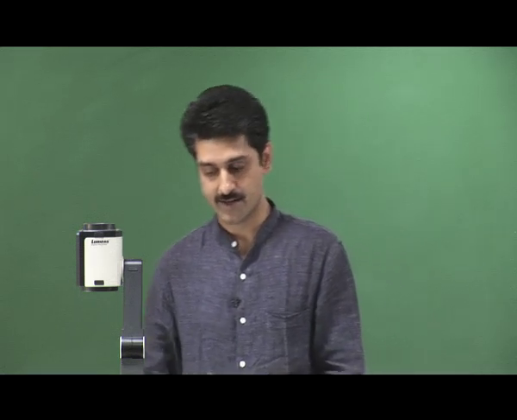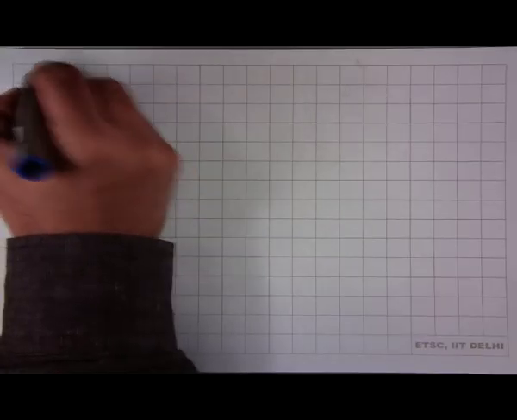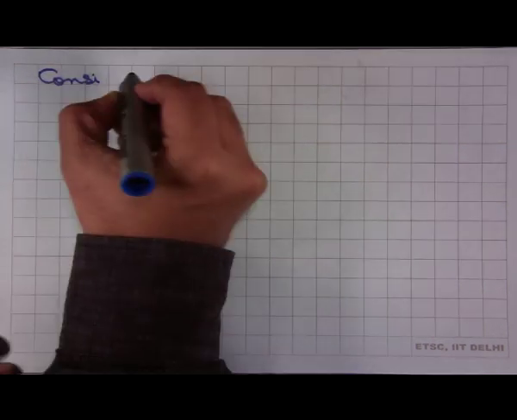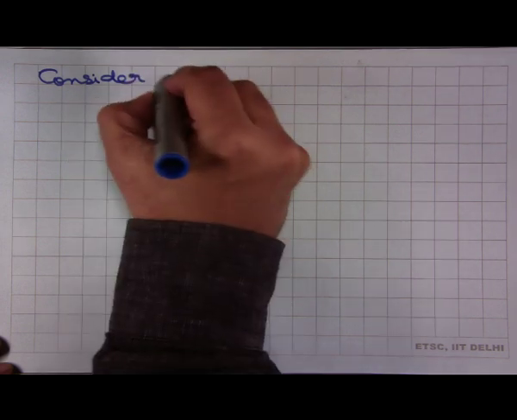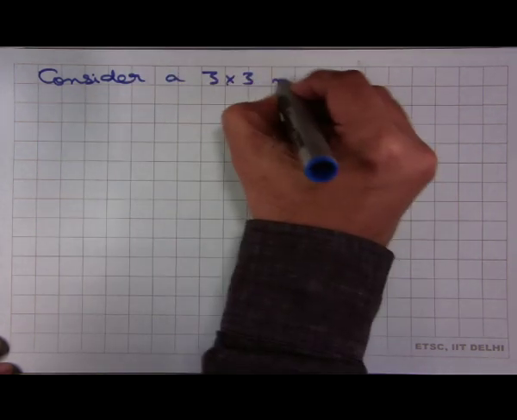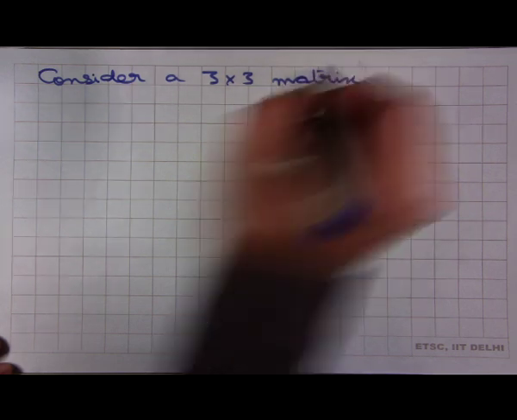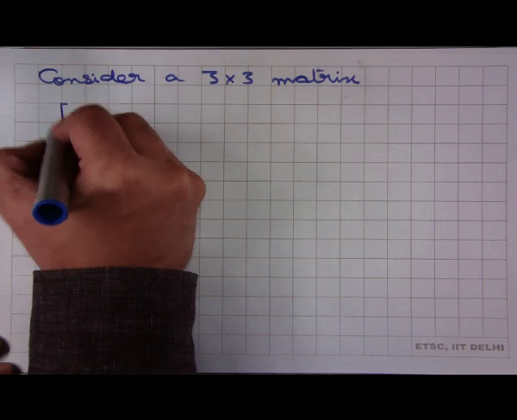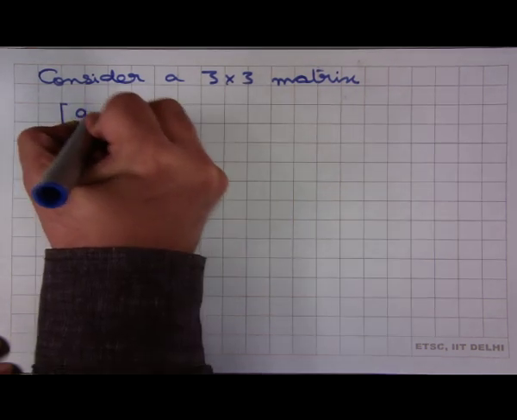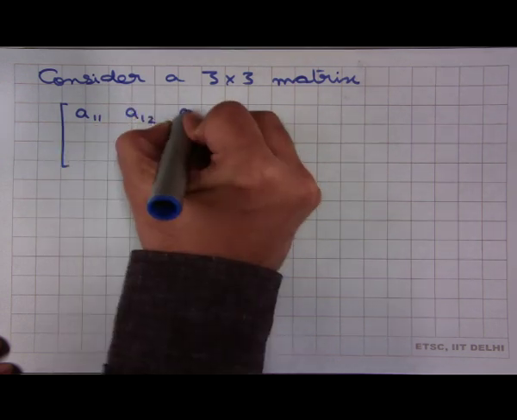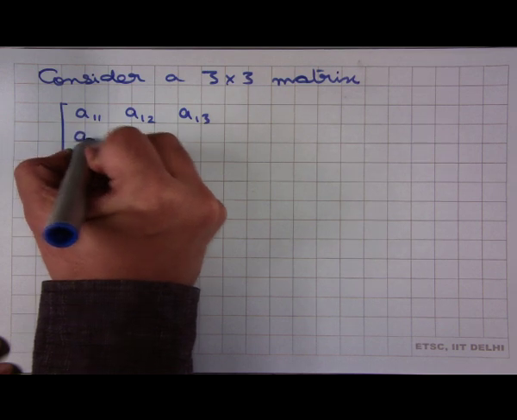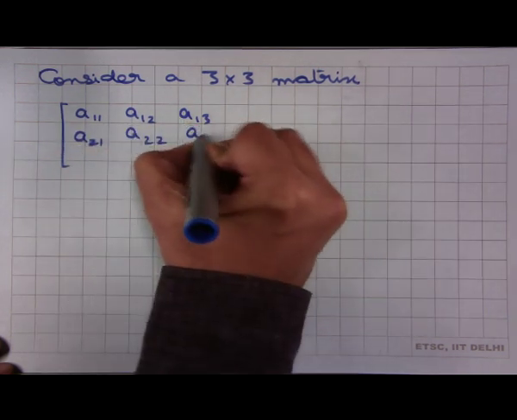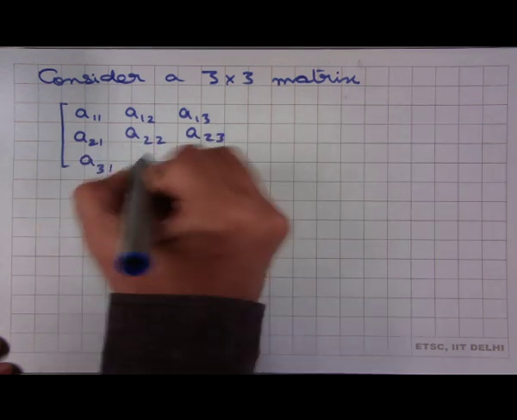I think the ideal place to start would be with a 3 by 3 matrix and look at the columns. Okay, so let us consider a 3 by 3 matrix, what in general we have used: A11, A12, A13, A21, A22, A23 and A31, A32, A33.